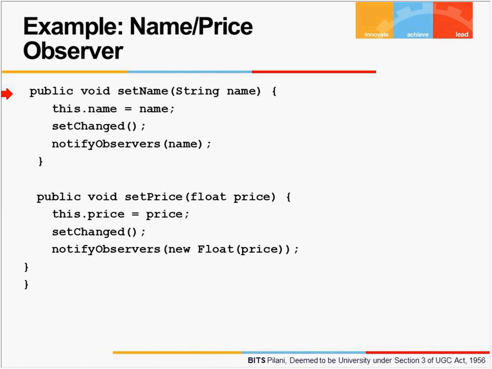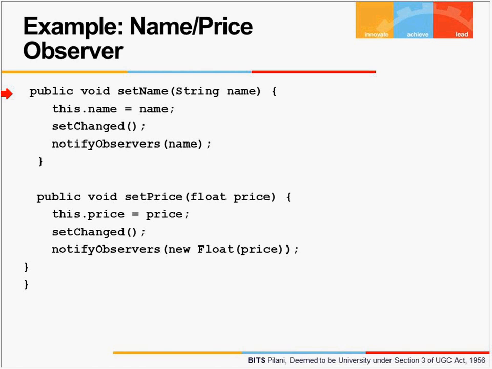Now, these are private attributes of this concrete subject, and in them, one needs to invoke the set name or set price method. That means whenever these two methods are invoked, the state of the concrete subject is changed, right? That is the place where you need to invoke the notify observers method, right?